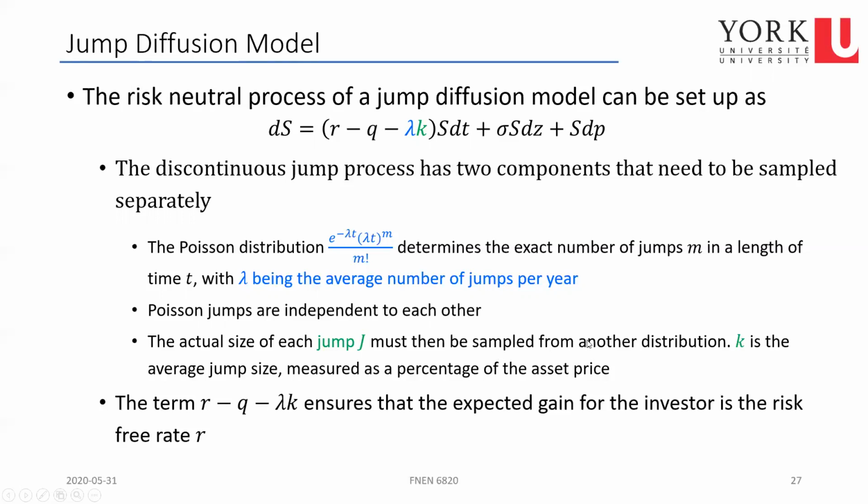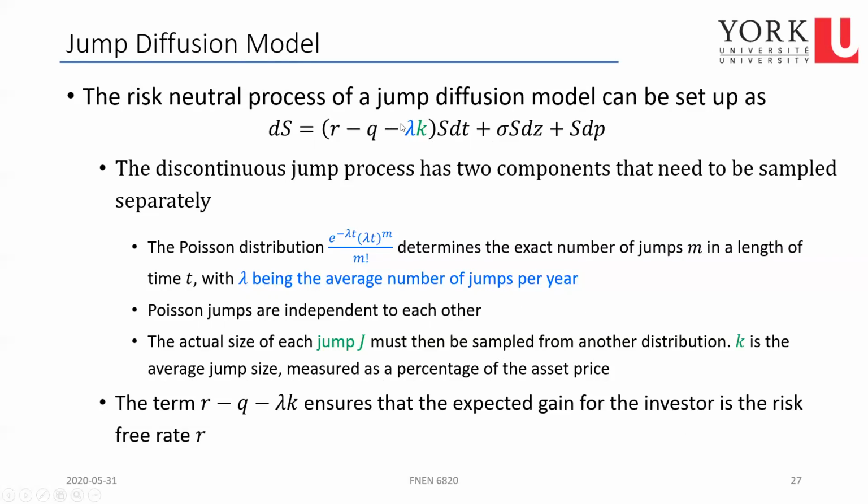So from Poisson, you will know how many jumps occur in this 1 month, and then for each jump that has occurred, you can draw out of a distribution that gives you a realized actual jump size. And K is the average jump size, so lambda times K is the expected change, right?